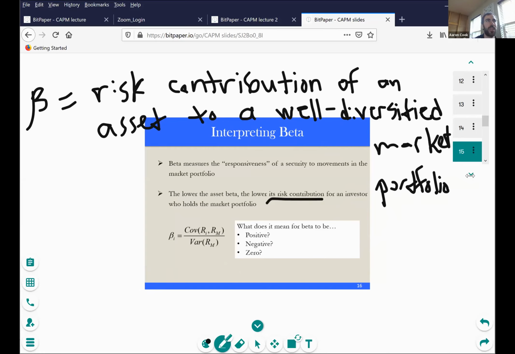That will help to price assets, to represent the equilibrium price of assets.